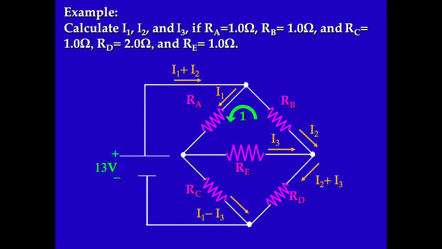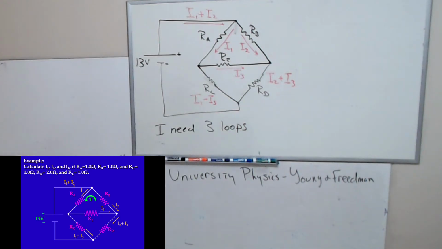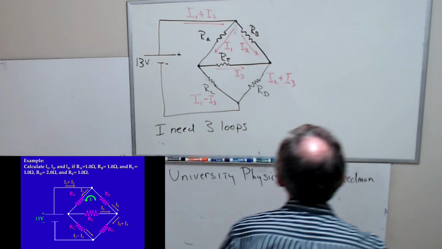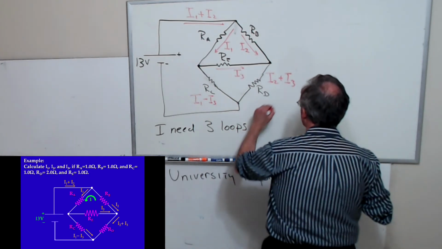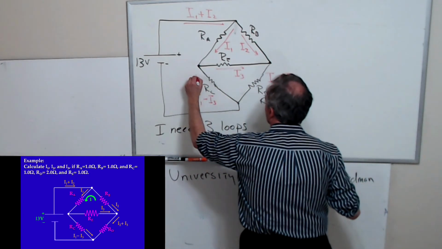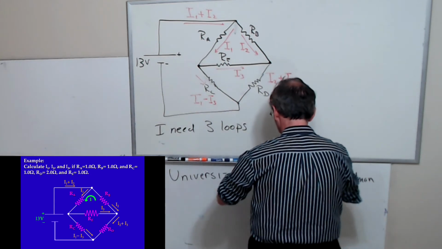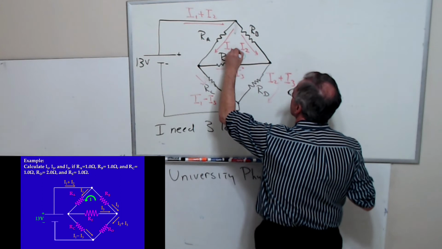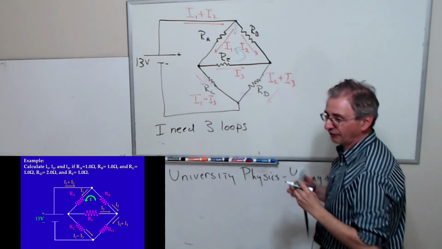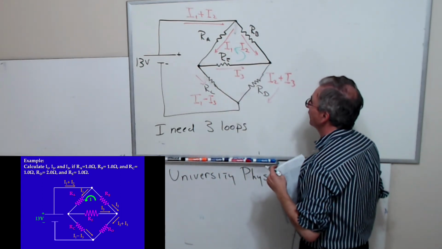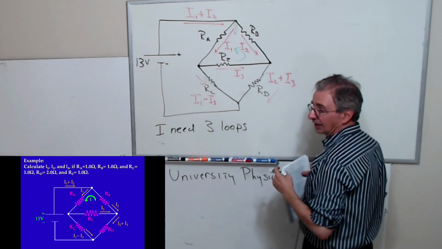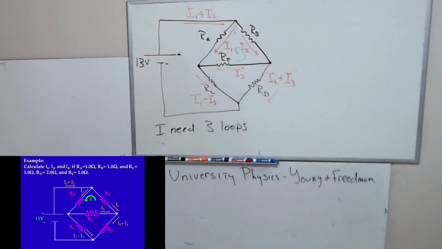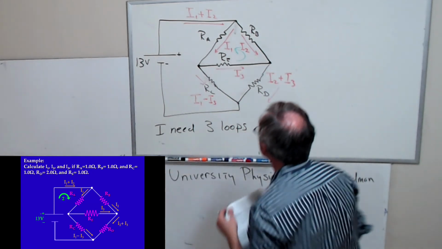So let me draw them on the board. I'm going to use green. So I'm going to choose this loop. And I'm going to go counterclockwise just for fun. Okay. And I'm going to choose this loop.